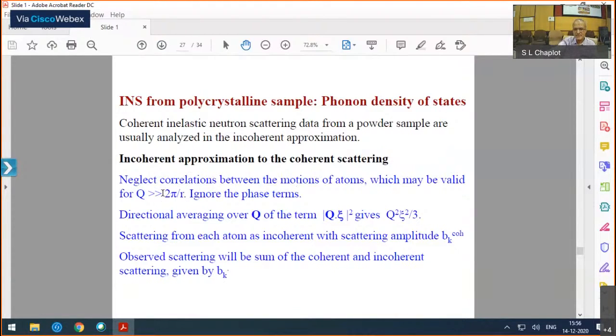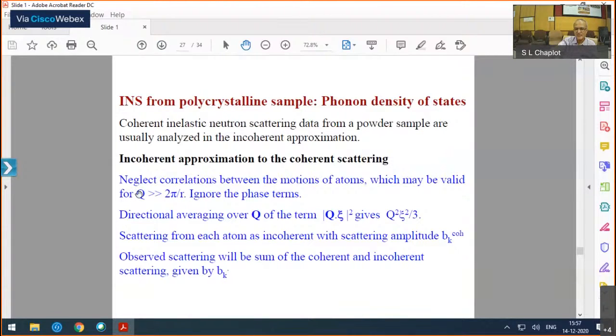The coherent scattering part is usually analyzed in terms of the incoherent approximation for polycrystalline samples. And this is possible when Q, the wave vector, is larger than, say, a typical 2π/r, r being the interatomic distance.